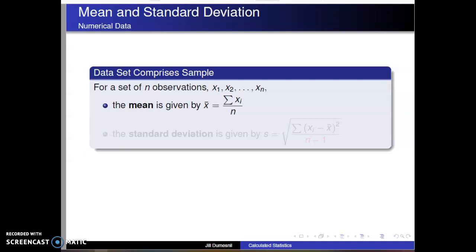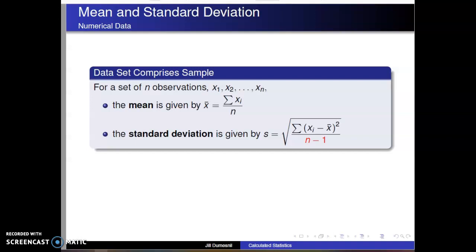Sum the observations and divide by the number of observations. The sample standard deviation is denoted by a small s and is calculated almost as before. The only difference is that we divide by n minus 1 instead of dividing by n.